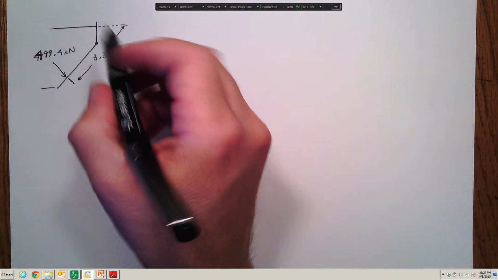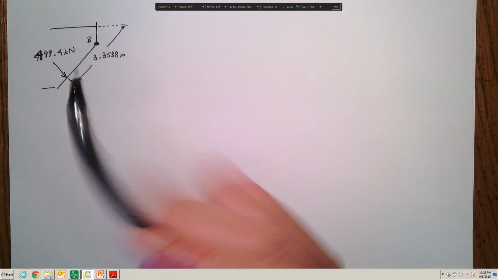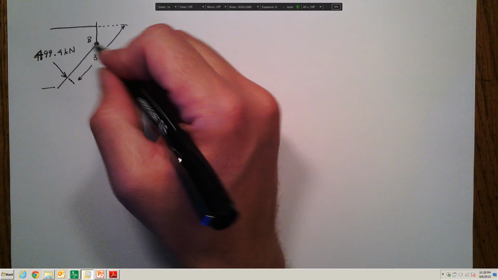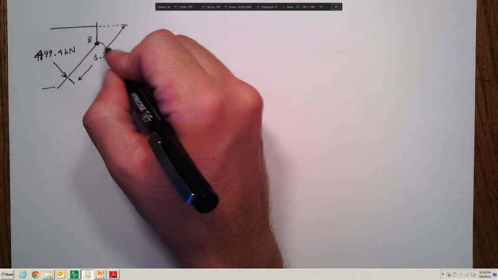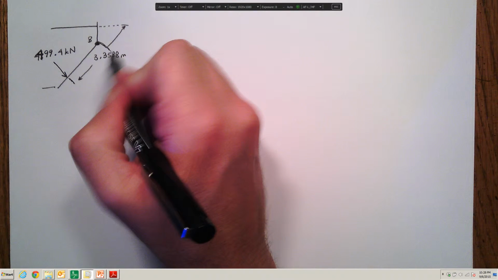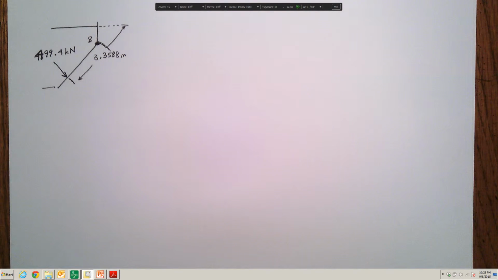But for my static analysis, my hinge starts here at point B, which is located half a meter down in the water. So to get my geometries correct, I want to subtract this part off of this 3.36 meters measurement.